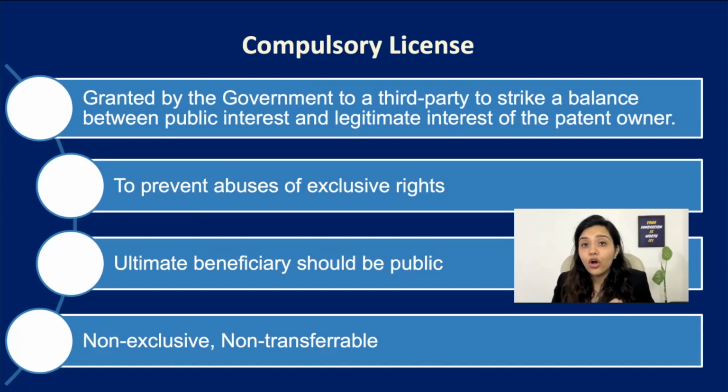And it is non-transferable. What does that mean? Company A cannot give it to company B or company C. Once it is given to a company, that company can practice the compulsory license, but cannot transfer it to anybody else. So these are the general principles applicable to compulsory licenses.